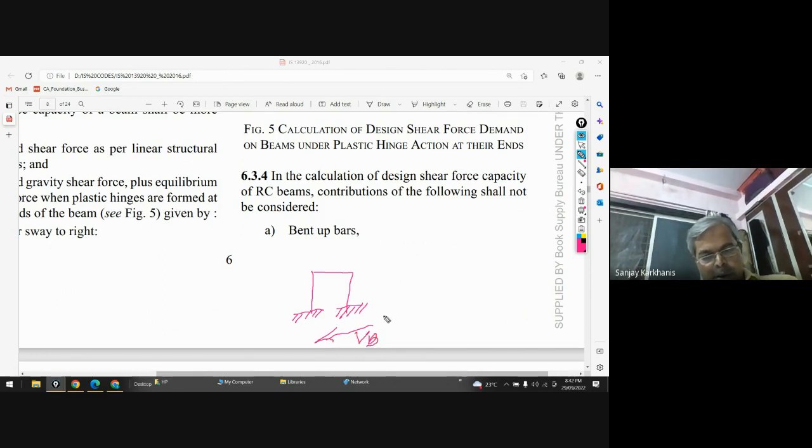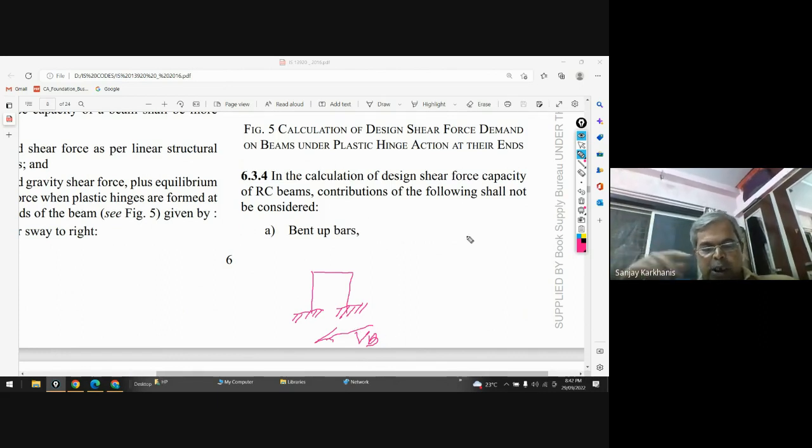Clear? Now this VB I have calculated with any dynamic methods, equivalent static load method, whatever it is. So I have calculated the base shear that is due to the seismic activity. What is the maximum base shear? Now this base shear will be resisted, so you will apply it over here.